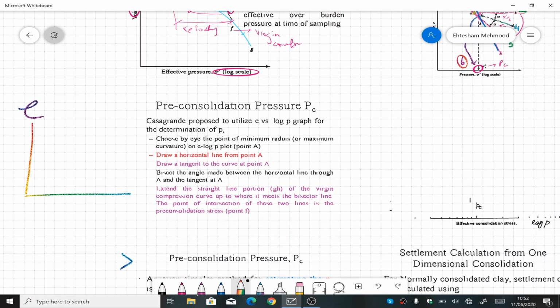This is E, and on the x-axis we have log P. So this is a general curve.